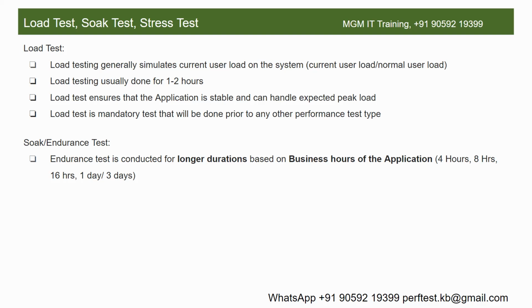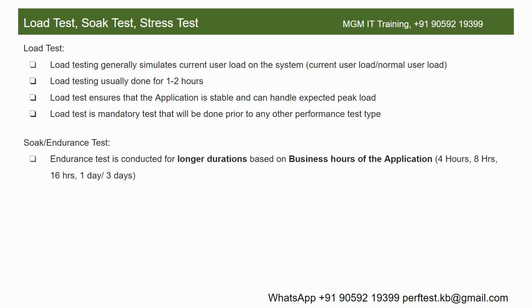So now the business hours of the application will be 10 to 4, approximately 6 hours. 6 hours is the business hours of that application. Clear, guys? Is everyone clear what is meant by business hours of the application?